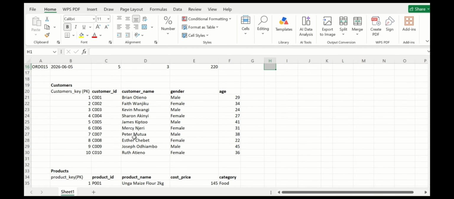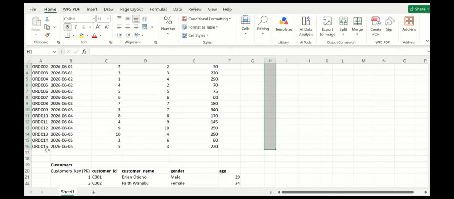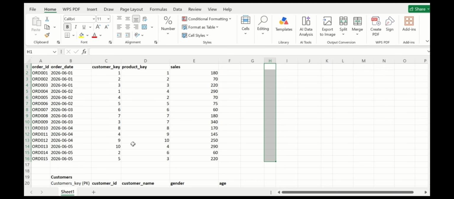So if, for example, a customer makes an order, you can see we only enter these very few columns: order ID, order date, customer key, product key, and the customer's sales.